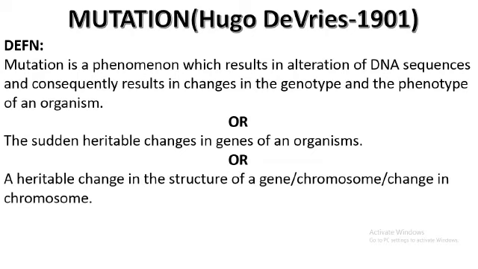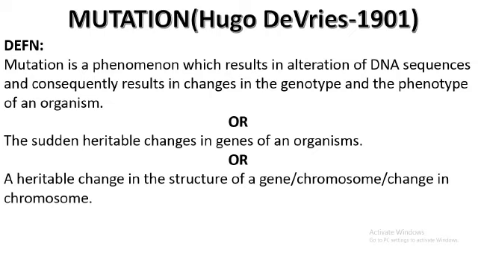Already I have told you genes are present on chromosomes. So if the sequence of a gene is altered, automatically the structure of the chromosome changes. This change in chromosome can bring about a difference in phenotypic expression.